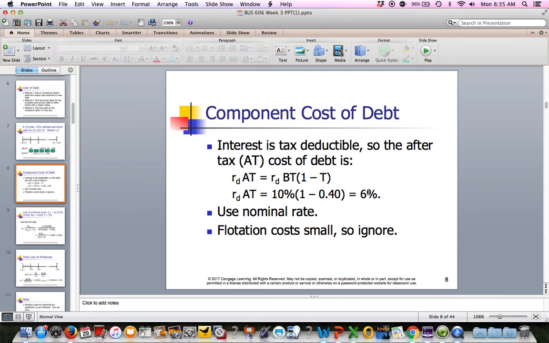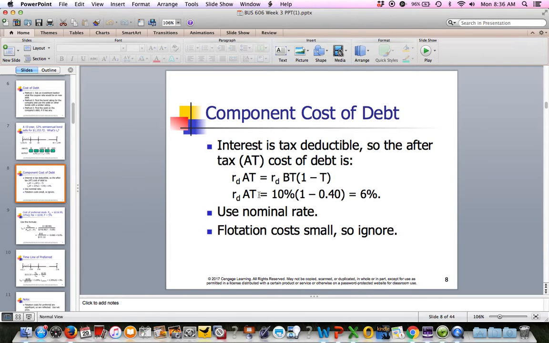Interest is tax deductible, which I mentioned. So we focus on the after-tax cost of debt. After tax, that's what the AT means. So my R sub D, it just means the rate. R just means rate, interest rate. D means debt. So the interest rate for debt, RD, after tax AT equals RD times 1 minus T. Okay, so it's 10%.